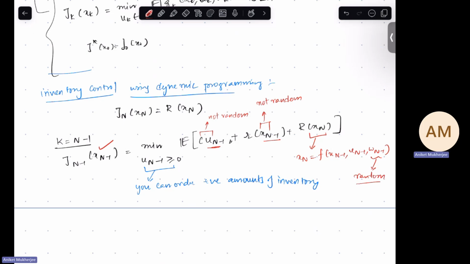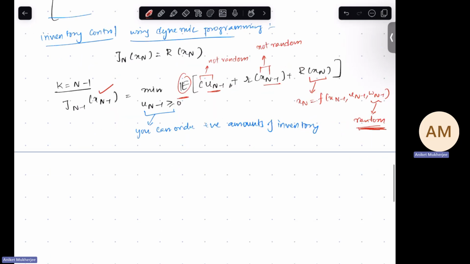And because of this randomness, you are getting this expectation. So your expectation is basically over this randomness, right? So basically, you can take these two out of the expectation, and then you get min over un-1 greater than or equal to 0 of C un-1 plus R(xn-1) plus expectation of R(xn-1 plus un-1 minus wn-1).